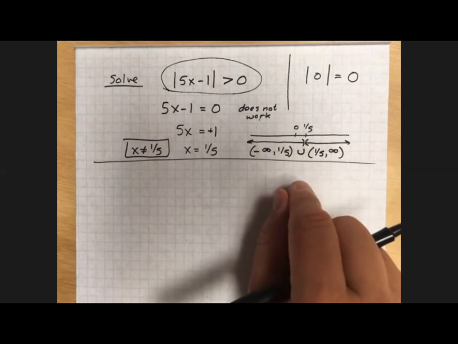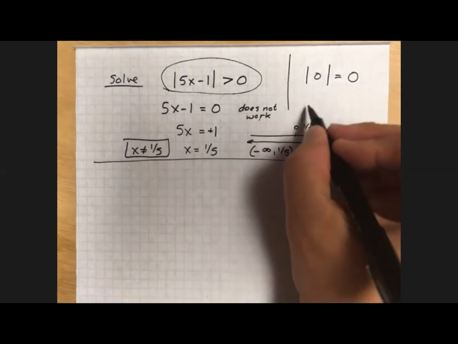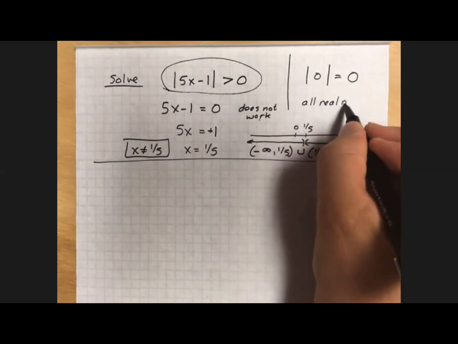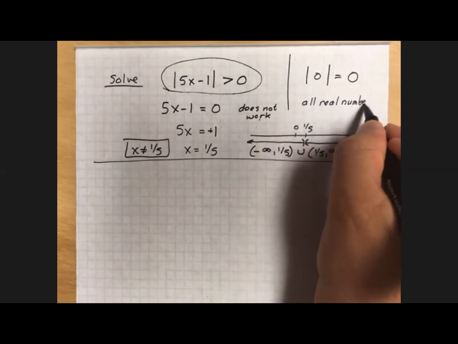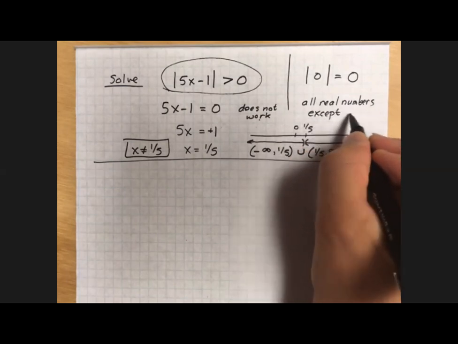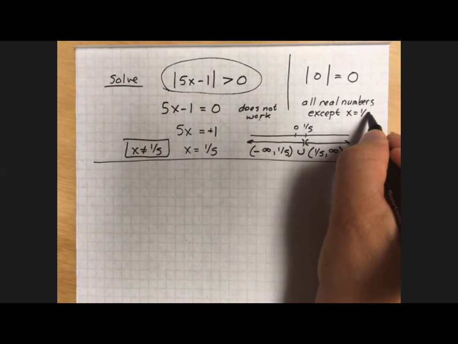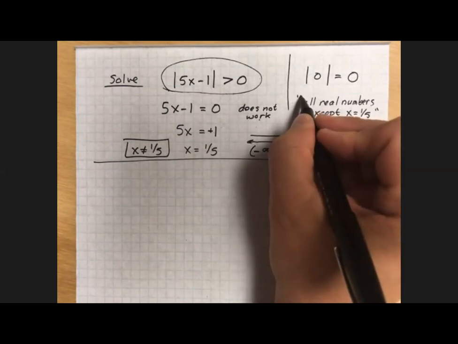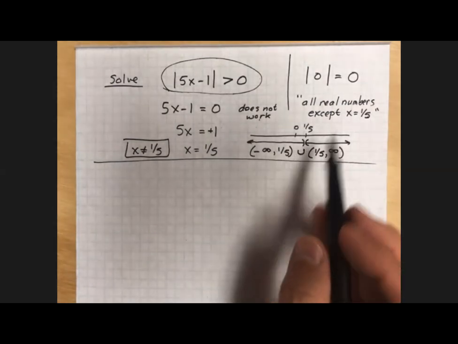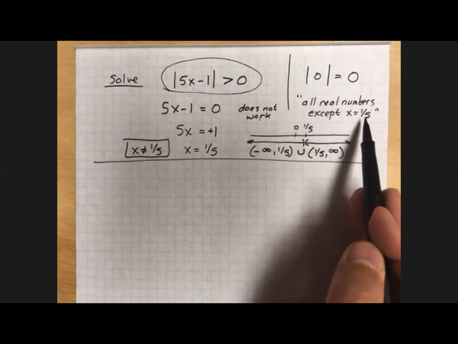Everything works except that number. Some people would say it like this: all real numbers except 1/5. And that would be legitimate. Now remember our saying from last time, if they told me to graph it, then all real numbers except 1/5 is not legitimate.